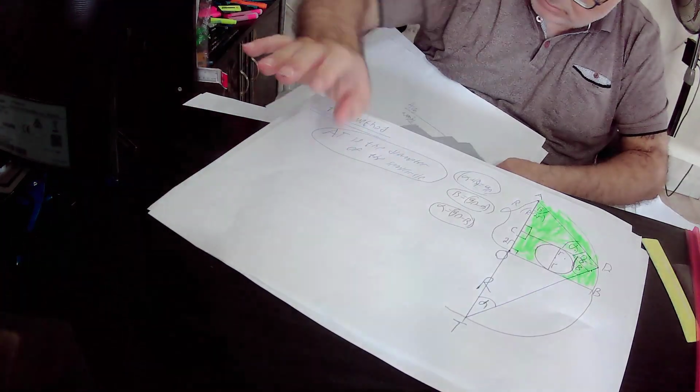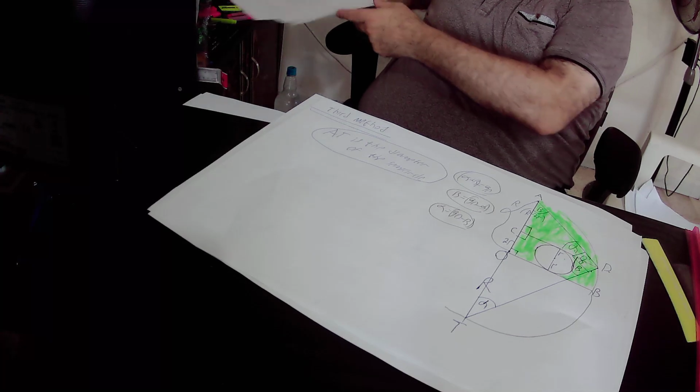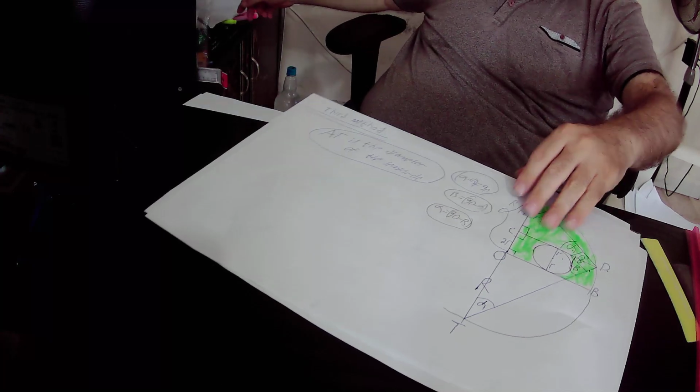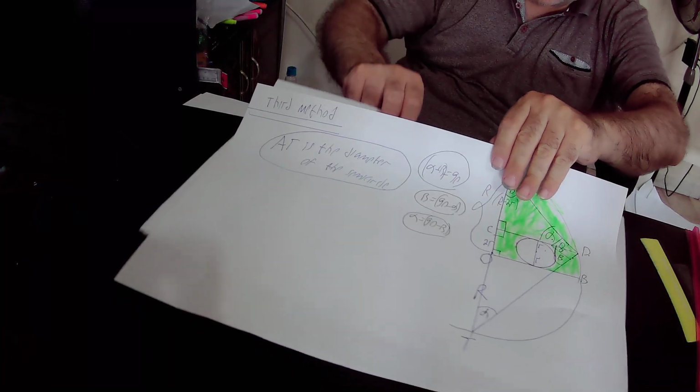Then I presented to you how to find the area of the green shape according to the third method. In the third method, we use the following things that we already found out in the previous methods.